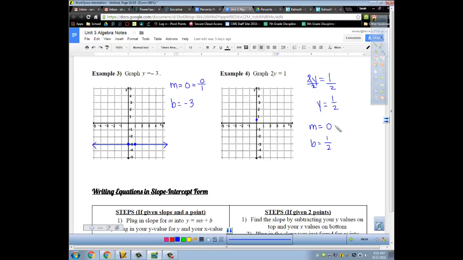And remember, write your slope as a fraction, so it's 0 over 1, which means I'm not going up or down any, I'm just going to run 1. So again, it should be a straight line going through those points. And again, this is a function, so it's not no solution, it's just your slope is 0, and that's okay. If you have any questions, please let me know.